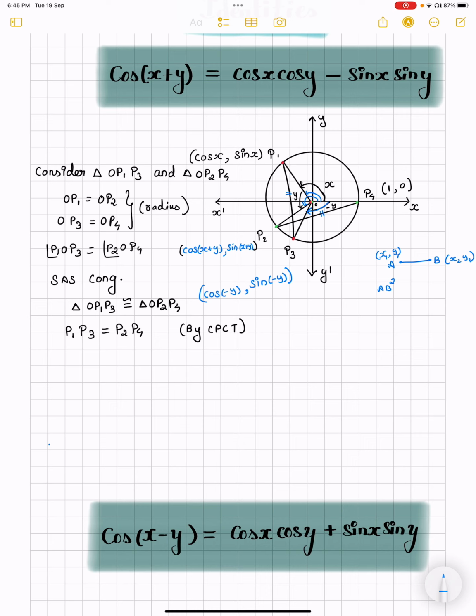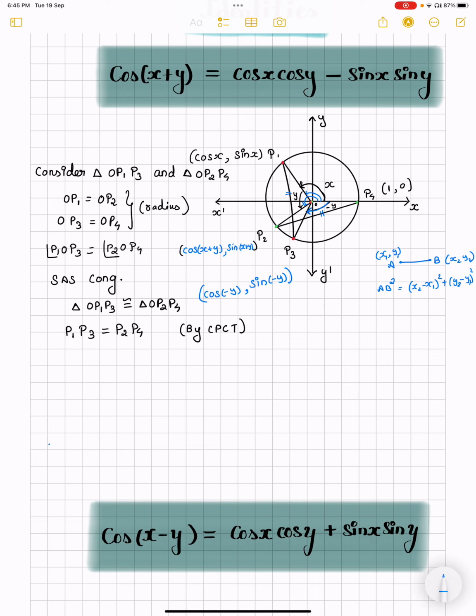AB squared is equal to x2 minus x1 the whole square plus y2 minus y1 the whole square. This is what we do. And whatever way you take, it works because anyhow we are going to square it. Whether it's x1 minus x2 or y1 minus y2 the whole square, that doesn't matter because anyhow we are going to square it. That's the reason.